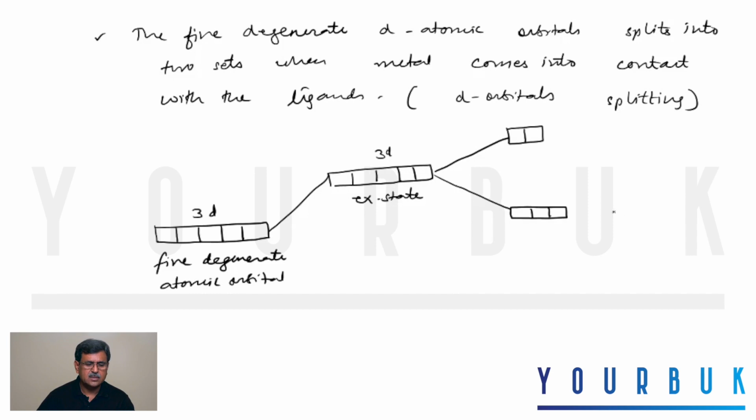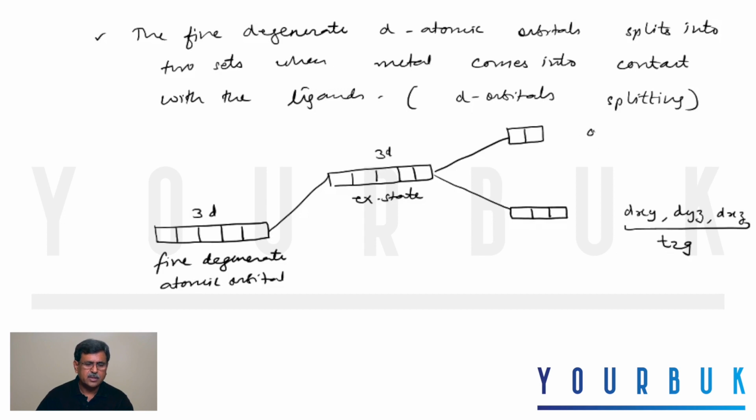This set consists of dxy, dyz and dxz. These 3 orbitals have lobes between the axes, so they are away from the direction of the ligands, and these 3 together are called the t2g orbitals.